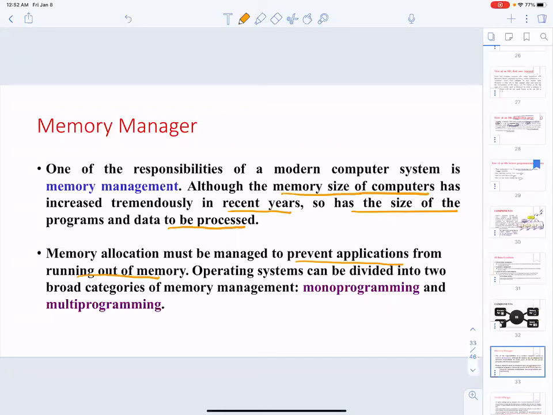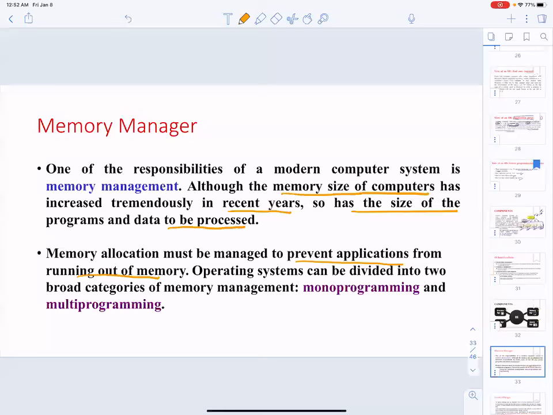Based on what type of memory management your operating system is performing, whether it does monoprogramming, just one program at a time, or multi-programming, meaning multiple processes that would like to execute, the memory management is different.